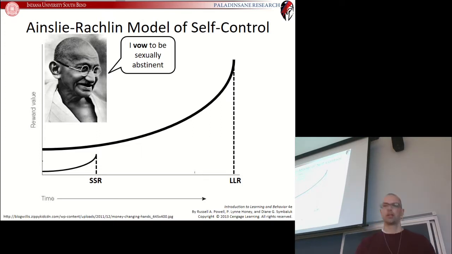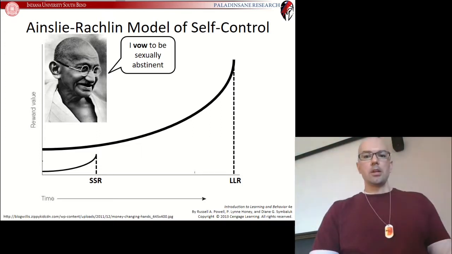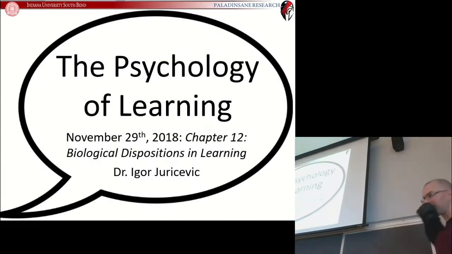We good? All right. So what we're going to do now is we are going to continue on. It was a bit of a catch-up class today, but we're going to continue on, and now we're going to take a look at Chapter 12, which is Biological Dispositions in Learning.